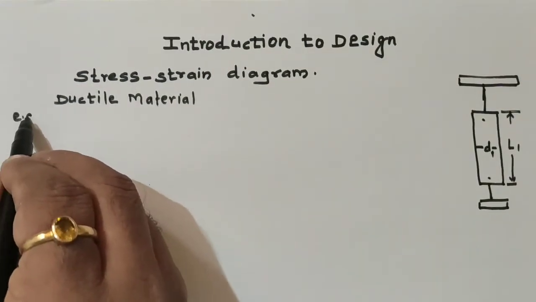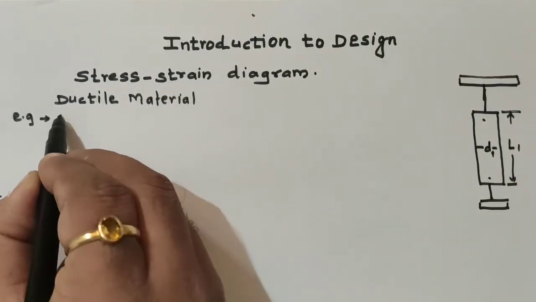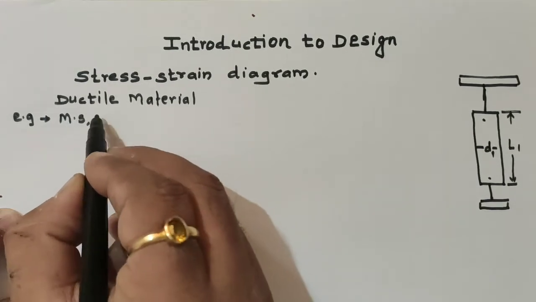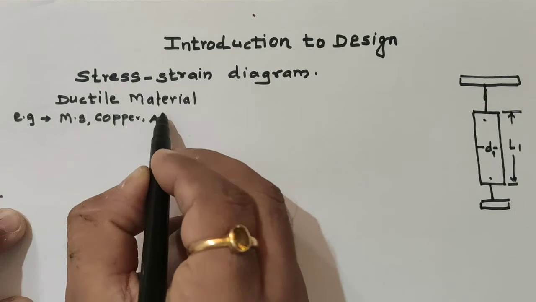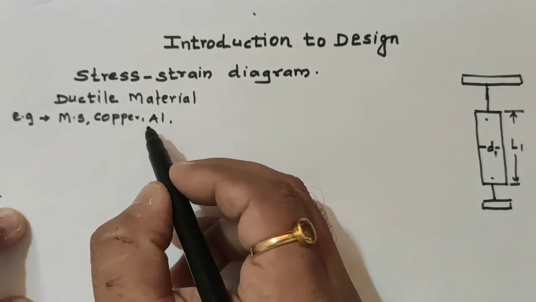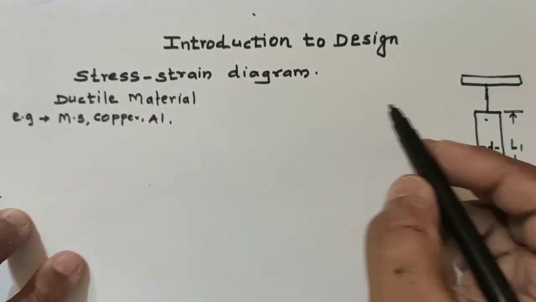For example, mild steel, copper, aluminum, such types of materials are ductile materials.